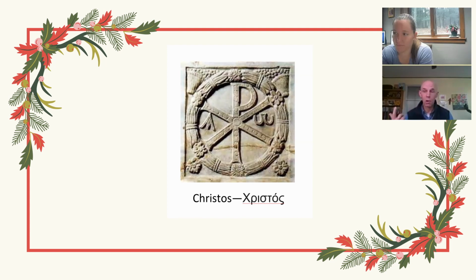And so the chi and the rho was an ancient symbol. It actually predates Christian usage, which is interesting. The chi and the rho are also the first two letters of a Greek word that means good or advantageous. So sometimes it was used in other contexts to refer to things that were good or things that were important. And then early Christians took over this symbol.